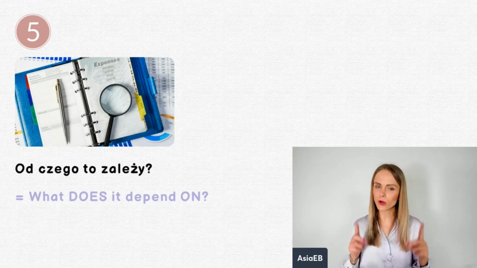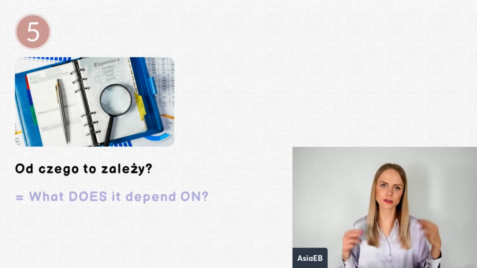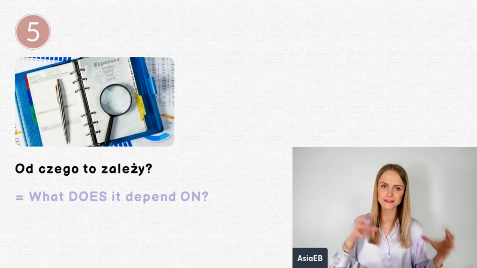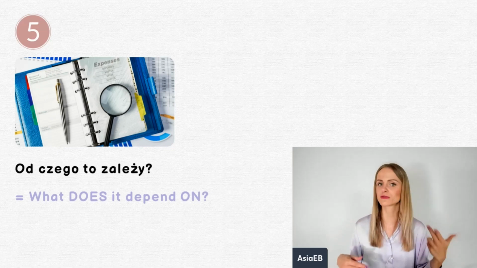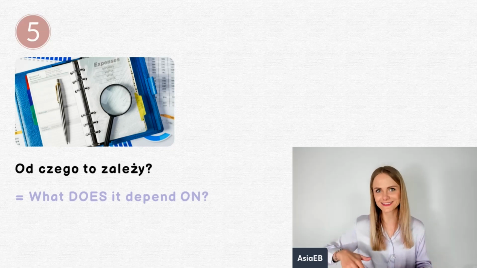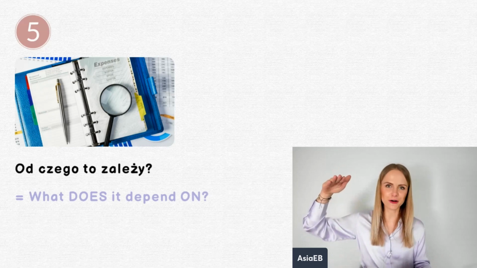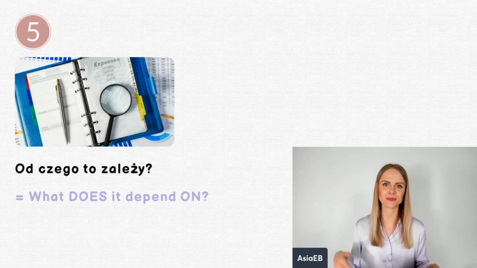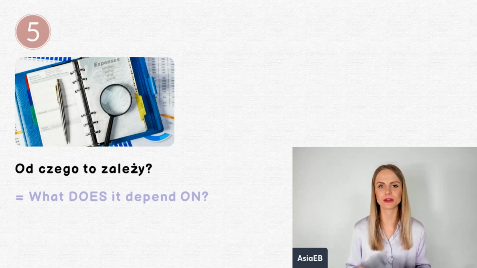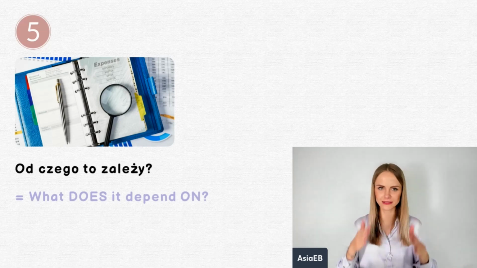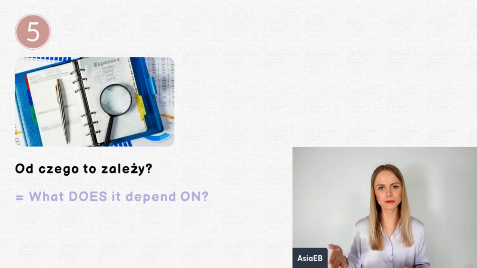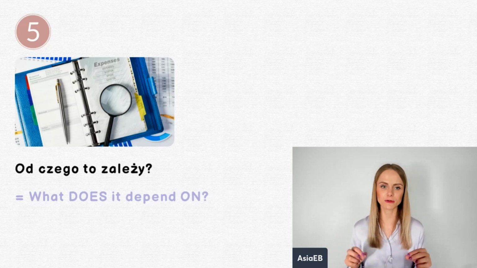So you see, you also need to know this correct collocation, depend on and not depend from, for example. So that's yet another layer of complexity when it comes to creating questions. So what does it depend on? You have to be careful here because very often people skip this operator. So they say what it depends on.